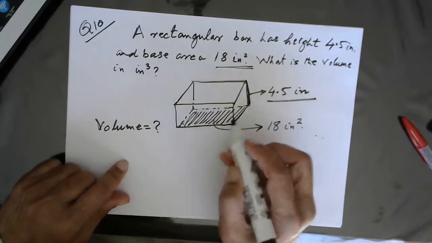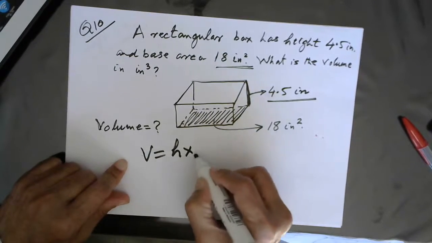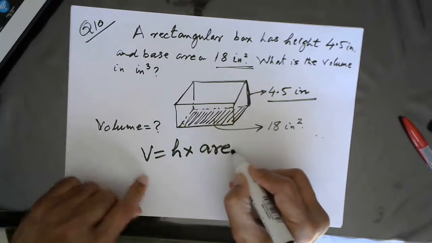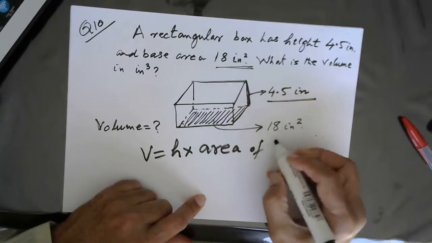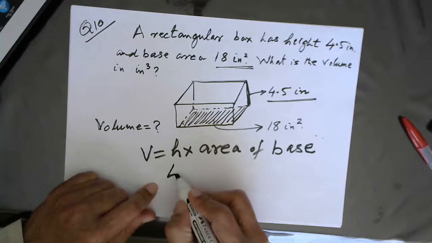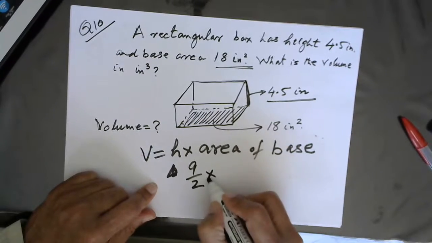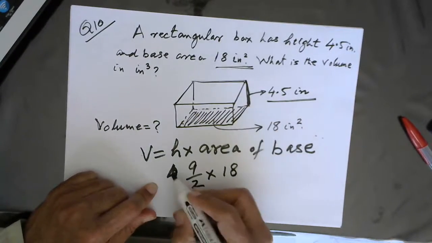Well, we are given the height. So the volume would be height times the area of base. The height is 4.5, or we can say 9 by 2, and the area of the base is 18.